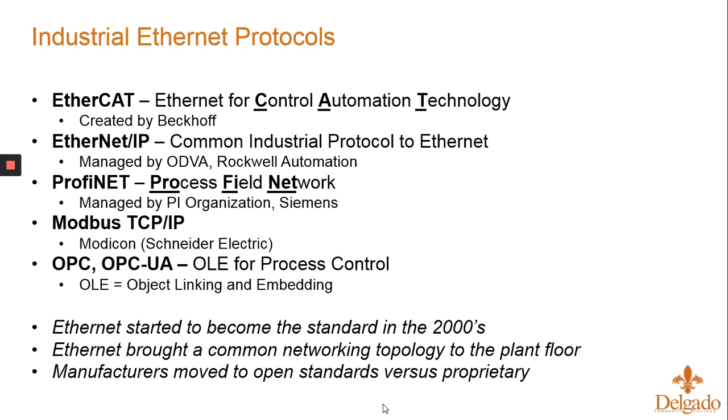Same thing with Profinet. That gives a lot of flexibility to the plant floor and to the operators to not be tied to one vendor to put a complete control system or control solution together.